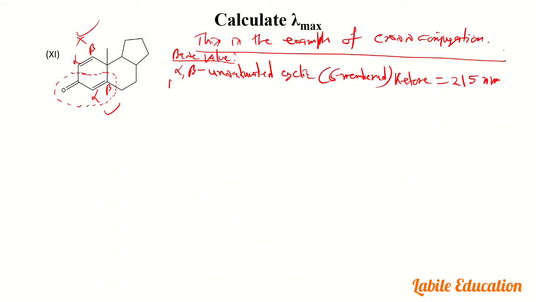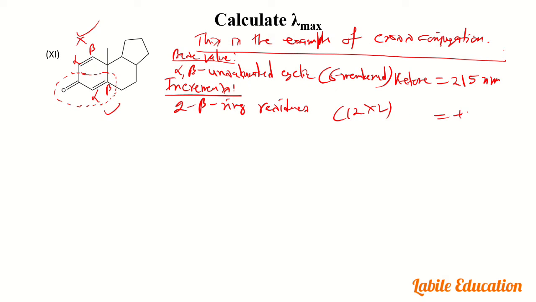And here in the increments, at alpha there is no alkyl group, and at the beta position there are 2 ring residues. So 2 beta ring residues will contribute double value, 12 into 2, so total 24 nanometer.